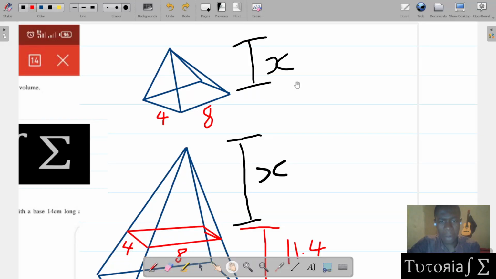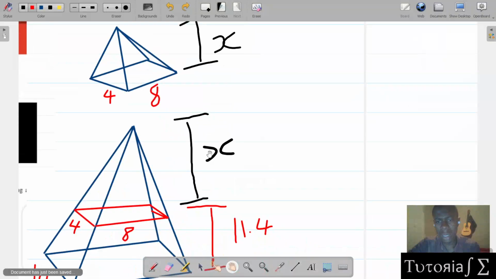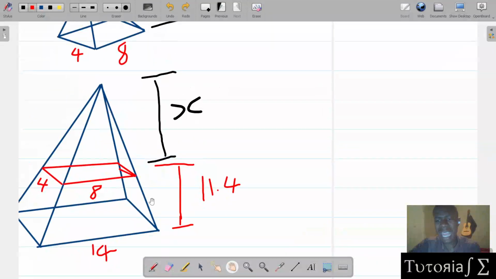Okay, so now what we need to do is find this X. That is the first step. First of all, you find the height of the top part that was cut, which is the X. You need to know that the entire height of this pyramid before it was cut is X plus 11.4.